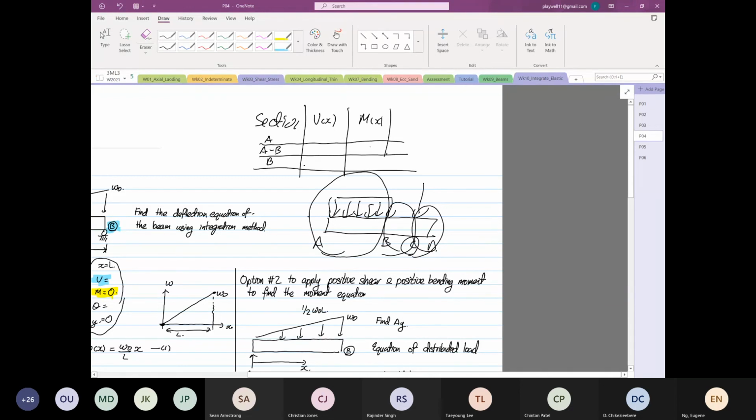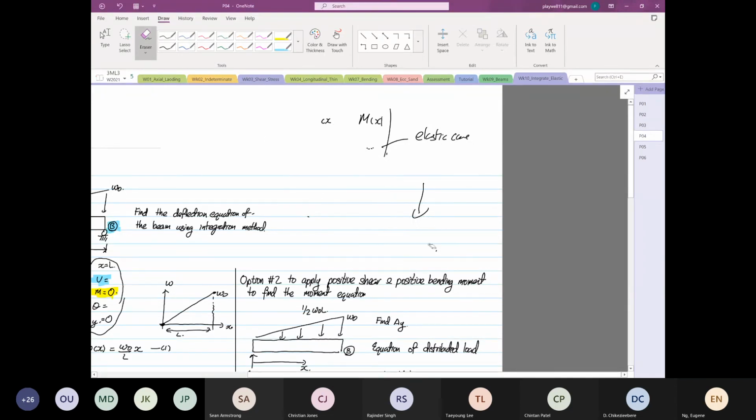Let's say you want to find A to B, you have to use M of X in this function over here, and then you carry out your elastic curve. Does that make sense? You understand what I mean, right?